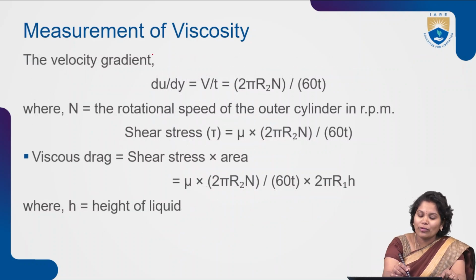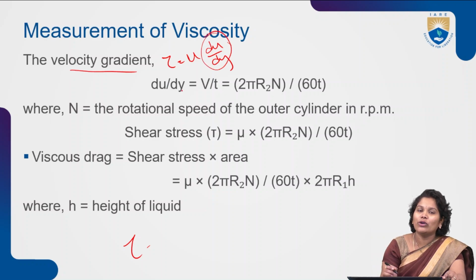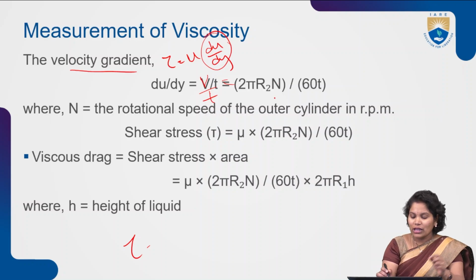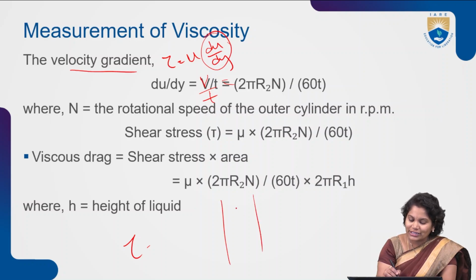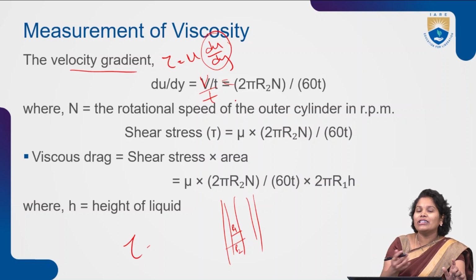Now the velocity gradient du by dy is equal to v by t. So here I'm writing 2 pi R2 n, where R2 is the outer radius. This is R1 and this is R2, and R2 is rotating with some angular velocity.